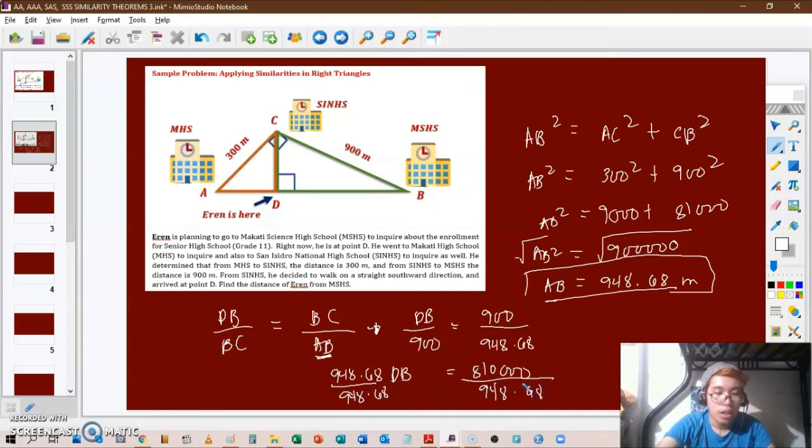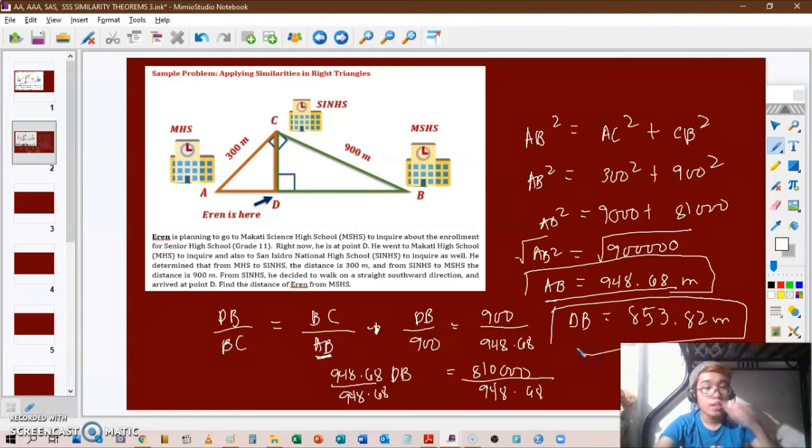So 810,000 divided by 948.68 gives DB equal to 853.82 meters. Therefore, Aaron is 853.82 meters from Makati Science High School at point D.